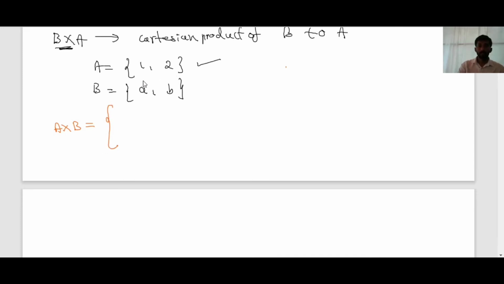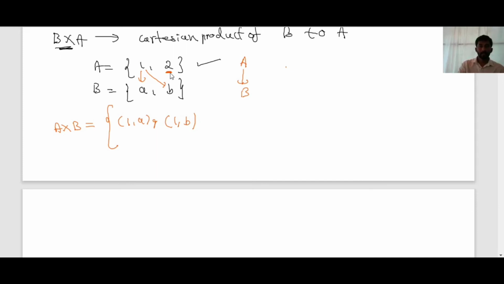What is the form of the ordered pairs? Ordered pairs from A to set B. First see, I'm combining 1 to a, you will get (1, a). Then I'm combining 1 to the second element, then you will get (1, b). Then one more element is remaining in set A, right?